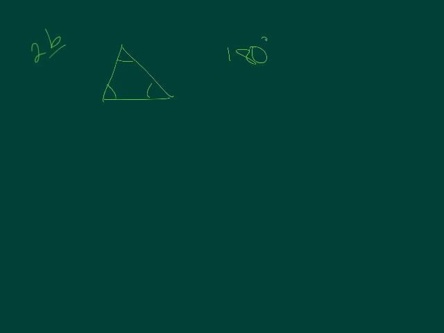Triangles can be classified, or we can call triangles different things, depending on what they look like. If we have a triangle that has one of the angles 90 degrees, we put a little box there, and that's called a right triangle. If we have a triangle with all the angles less than 90 degrees, they don't all have to be the same, but they all have to be less than 90 degrees, we call that an acute triangle.